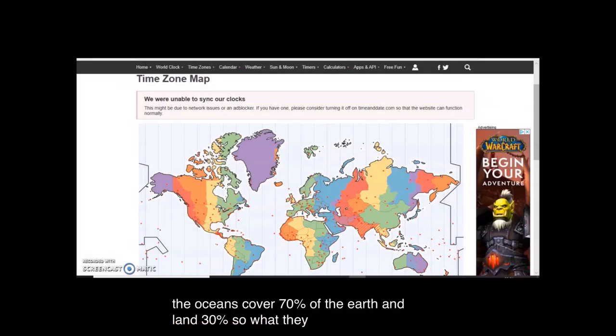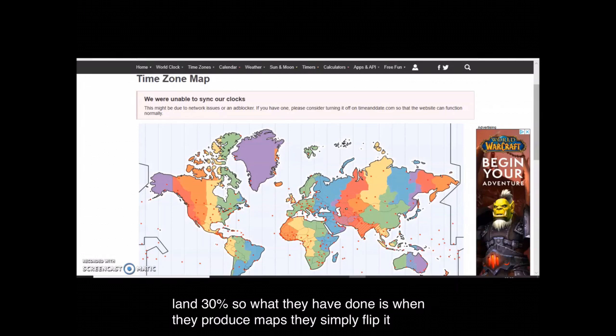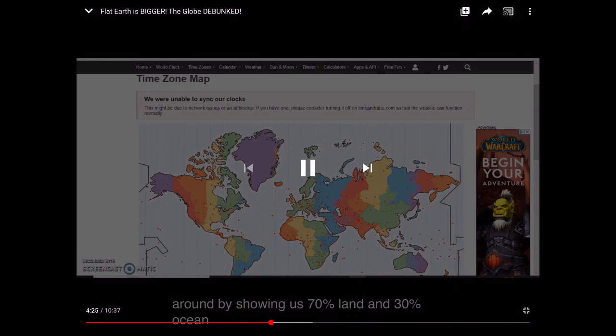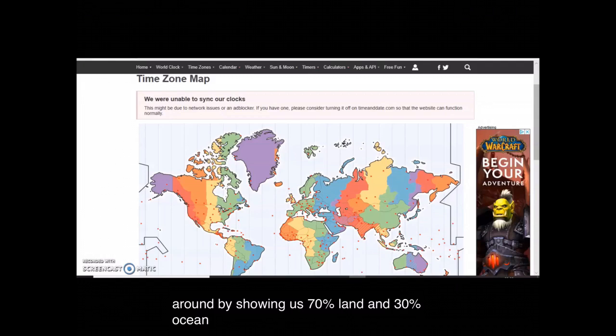So what they have done is when they produce maps, they simply flip it around by showing us 70% land and 30% ocean. That is not true. No, there's more ocean than land.